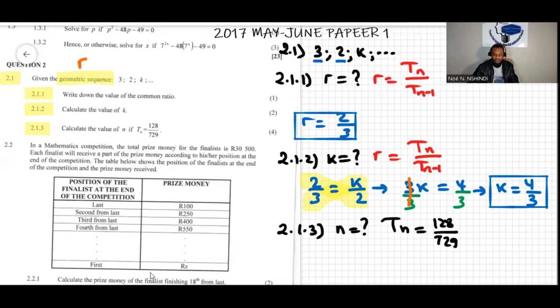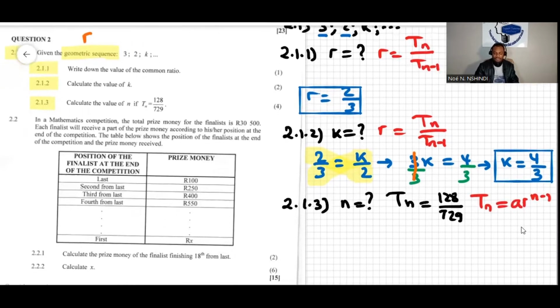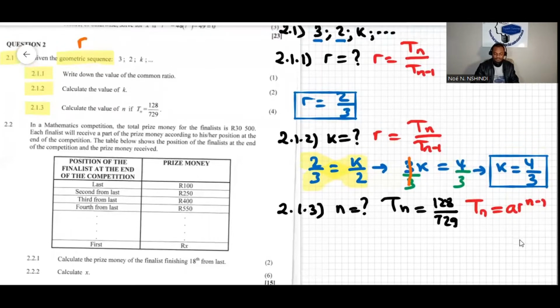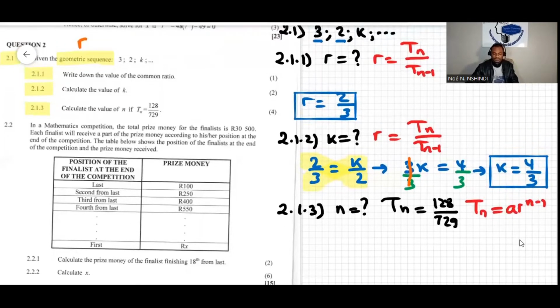In this situation, first of all, let me write the formula for the terms. The geometric sequence is given by Tn equals a r to the power of n minus 1. A is the first term.